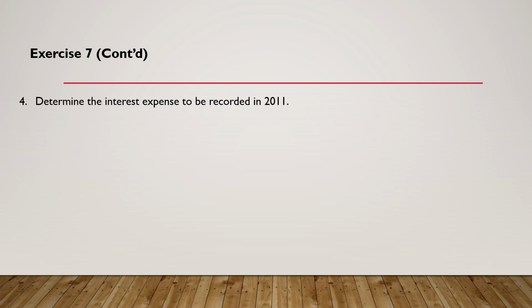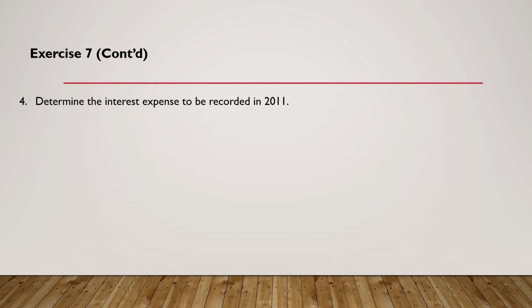Okay, moving to requirement number 4, determine the interest expense to be recorded in 2011. As I told you, in 2011, the note of UMB Bank will last for just 27 days, since the note matures on January 27th of 2011. So we need to calculate the interest expense for these 27 days.